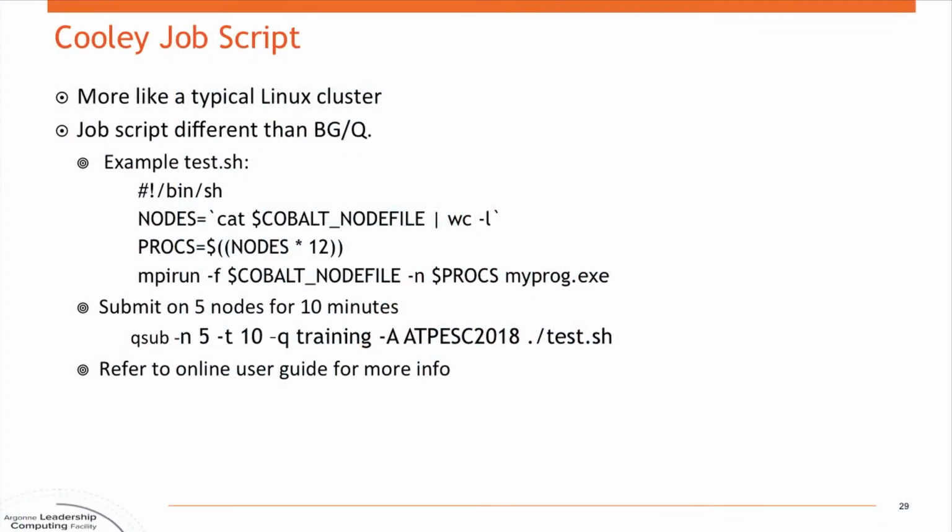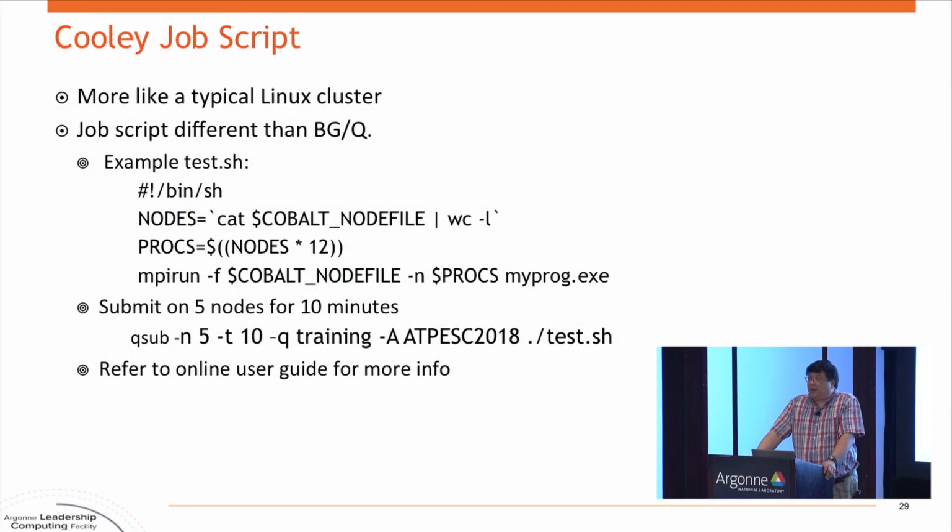So when you run a job, the head node of the job, so to speak, one of the nodes that were allocated to you, will actually run the job script and get the other ranks started up. So it's probably a more familiar situation to what you might be used to, unless you've used one of the leadership systems. So it's a little bit different.